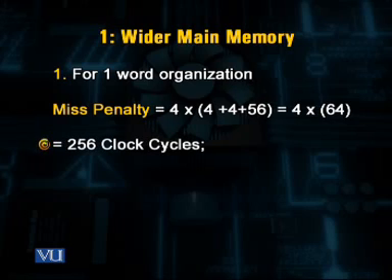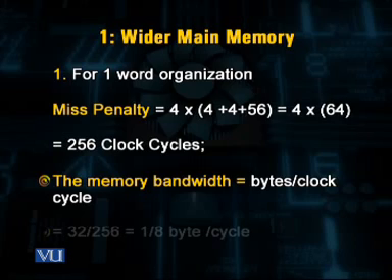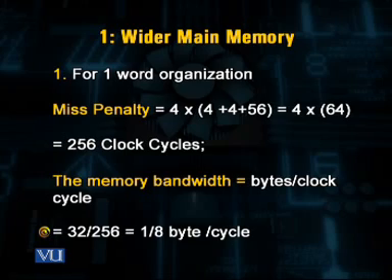Here, this results in a miss penalty equal to 256 clock cycles. And as we have already said that these 4 words are 32 bytes, therefore the memory bandwidth is 32 by 256, which is equal to 1/8 bytes per cycle.